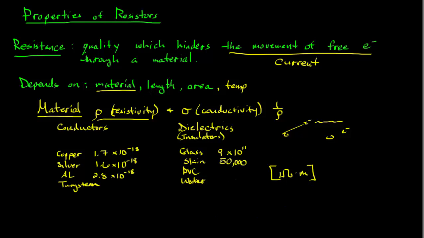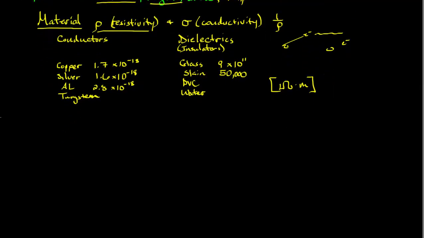Okay, so the material, also the length. So the length has an effect on it. If we have a piece of wire like so, and then we double the length, how does that change the resistance? One way to think about it is just at the atomic level.